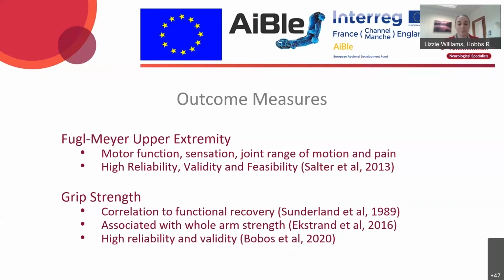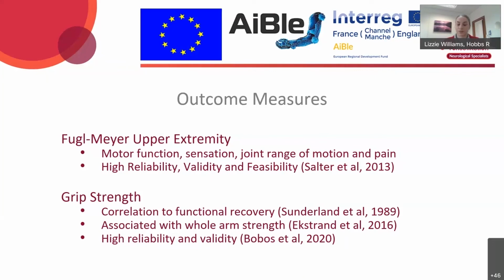And when repeated, it can be used to monitor and track individuals' recovery post-stroke. And then, as Karen mentioned also, it is widely used, it doesn't require any specialist equipment and is internationally recognised. And as I said, we chose the Fugl-Meyer upper extremity assessment also because of its high reliability, validity and feasibility.